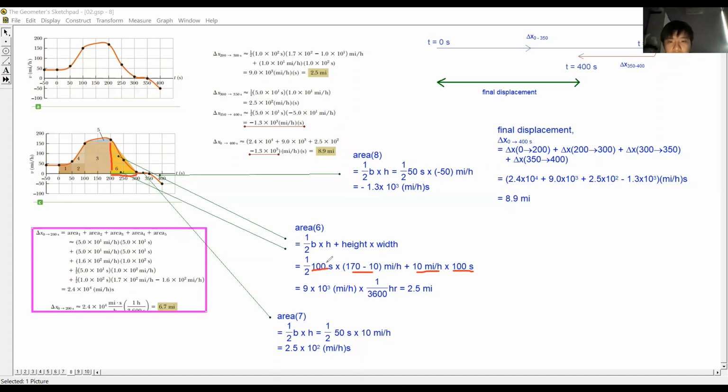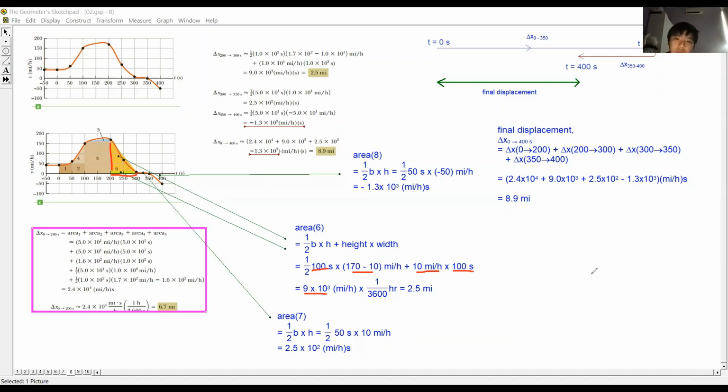When you multiply them together and add up the two areas, it is 9 times 10 to the power 3 mile per hour second.